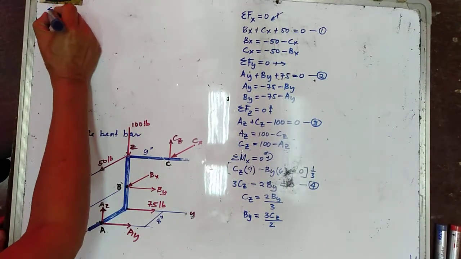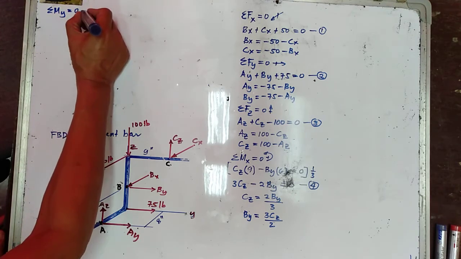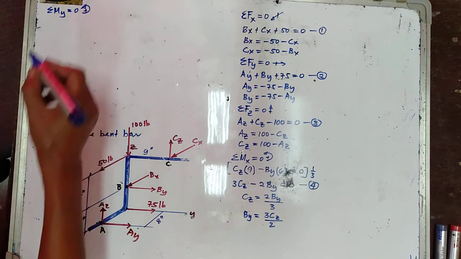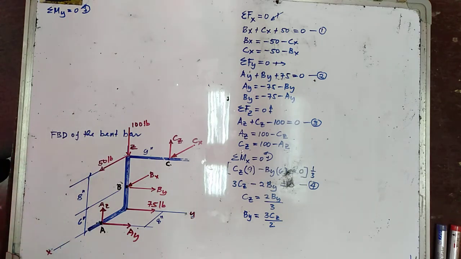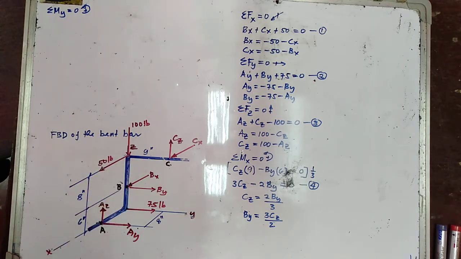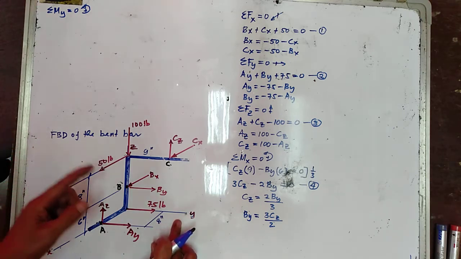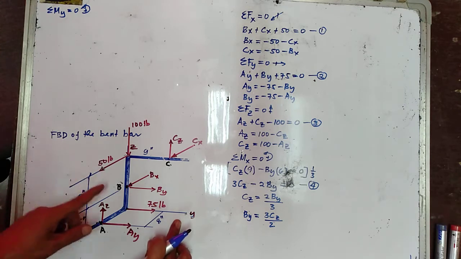summation of moment about the y-axis is equal to 0, counterclockwise moment positive. All forces parallel to the y-axis has no moment, and all forces intersecting the y-axis also has no moment. So, the forces that we're going to have moment about the y-axis is now your BX.